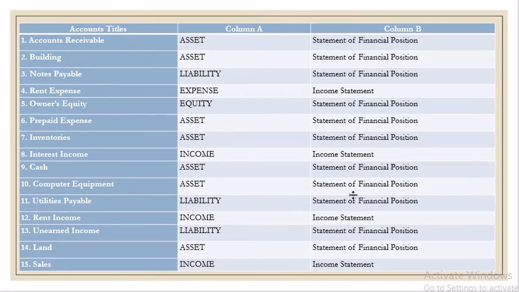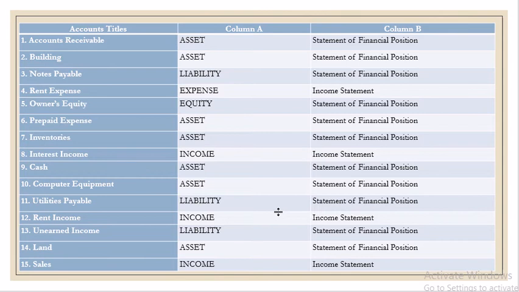So, accounts receivable, assets, belongs to statement of financial position. Building, assets pa rin yung building. Statement of financial position. Notes payable, so liability. Statement of financial position. Rent expense, so sa expense siya.